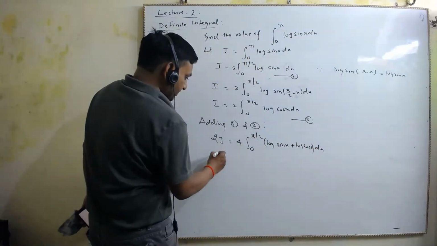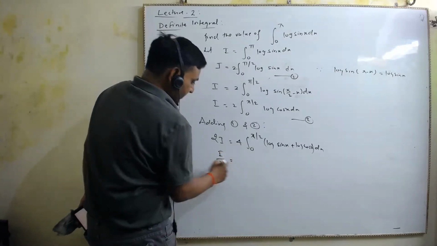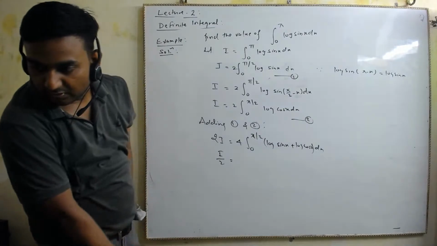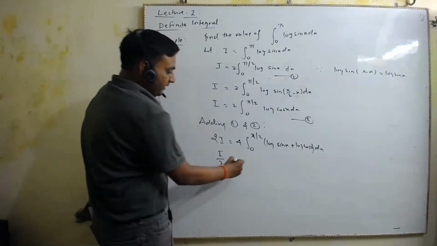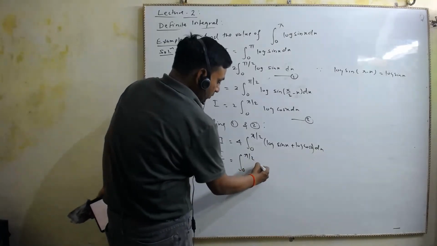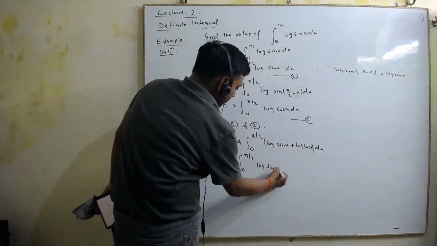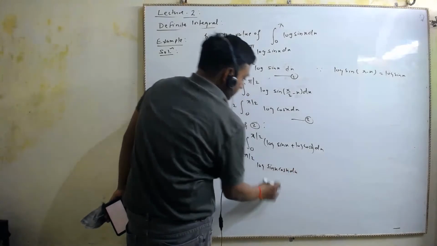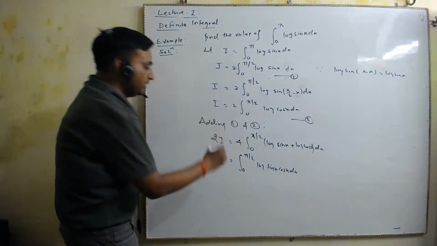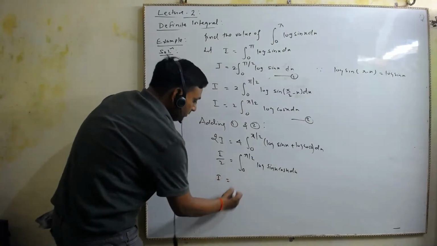So if you observe here, this 4 is here, so I by 2 equals the integral from 0 to pi by 2 of log of sin x cos x, because log m plus log n is log of m into n.